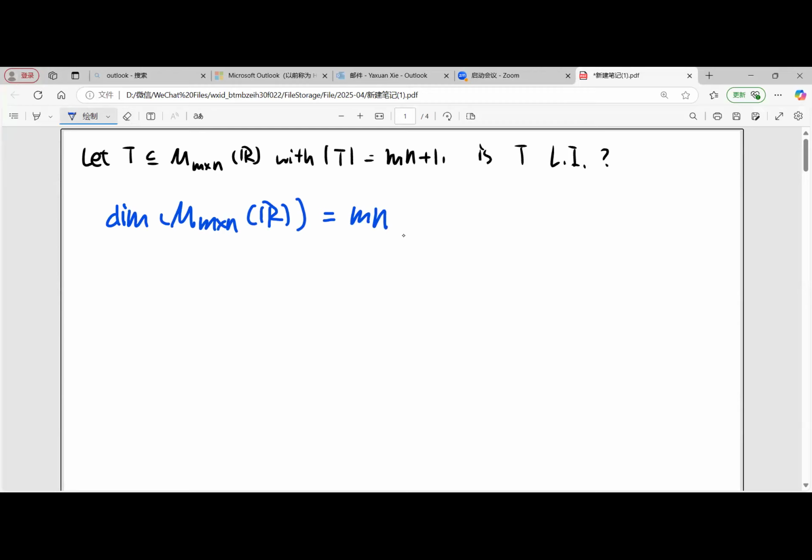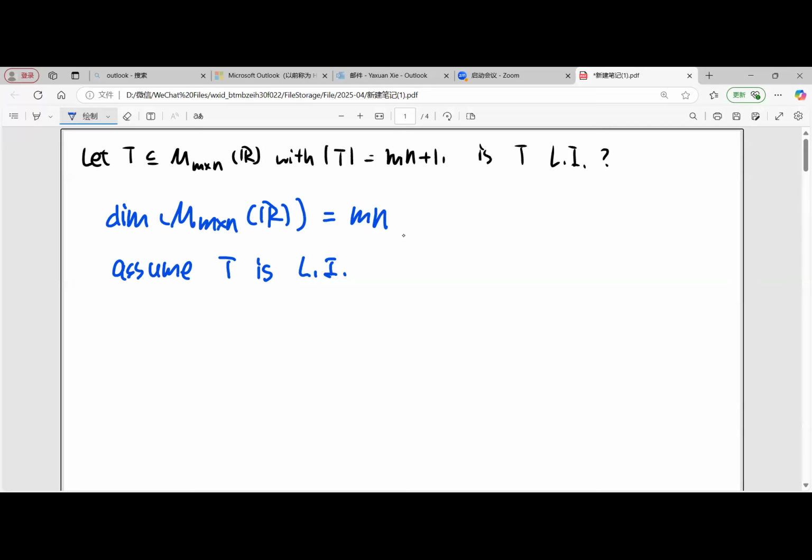And we want to prove whether T is linearly independent or not. So let's just assume T is linearly independent, because that can give us an additional condition.